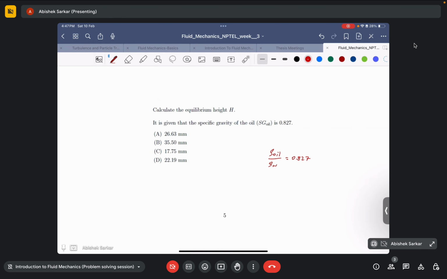So you have to find the value of h. And I will tell you it's very simple. Actually, the trick is to find L. Before finding h, you need to find L. And how do you find L?